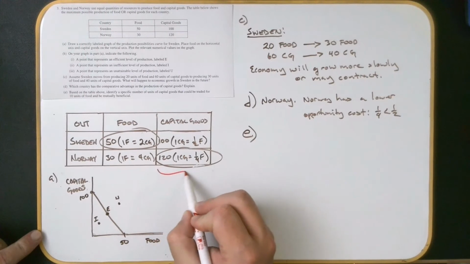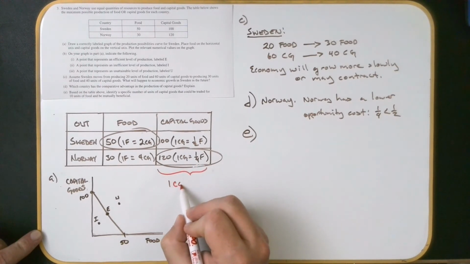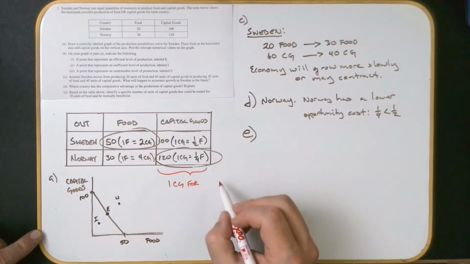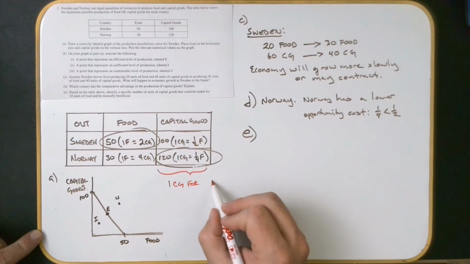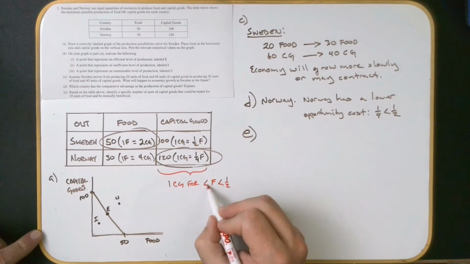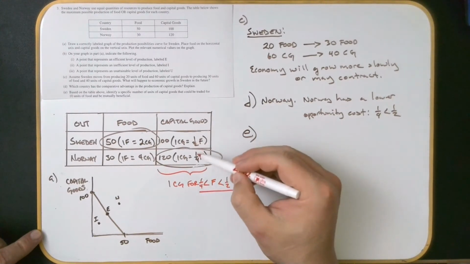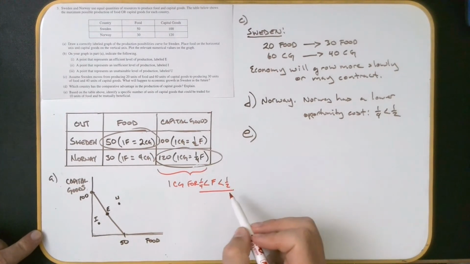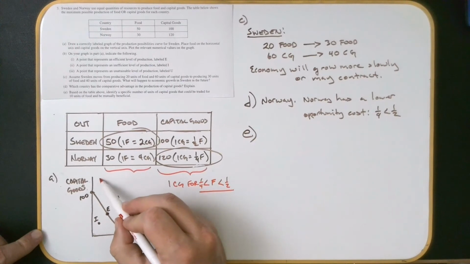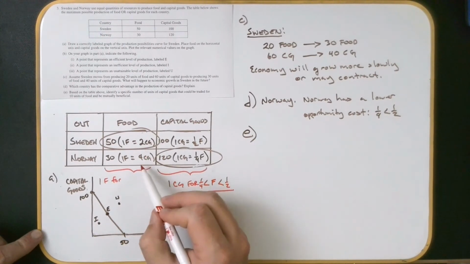If you wanted to be mutually beneficial, I would say, well, that's going to be one capital good for any number F for food that is less than a half but greater than a quarter. Okay, so if you remember, you just had to pick a number that was in between the opportunity costs to be beneficial. Now over here, you would say, well, I would do one food for any number that's less than 4.